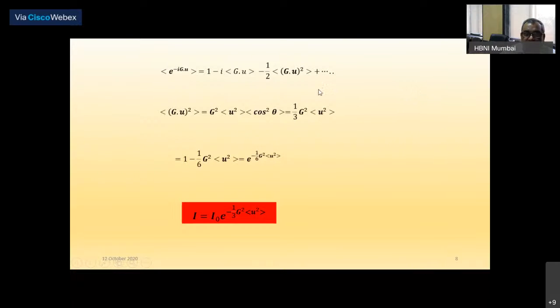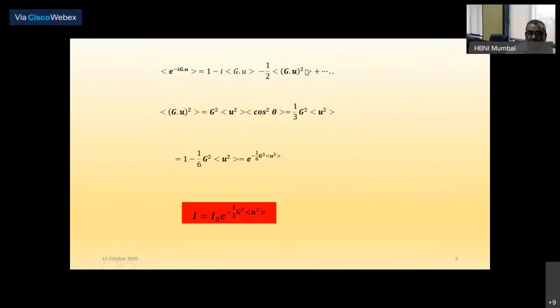Now the linear term in u: we know that when an atom is oscillating around its mean position, it oscillates as much to the left as to the right, as much to the top as to the bottom, so it is symmetric. And for a symmetric vibration, the average of G dot u should be 0.